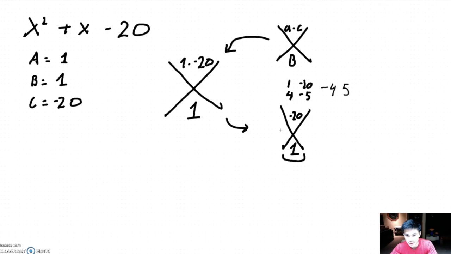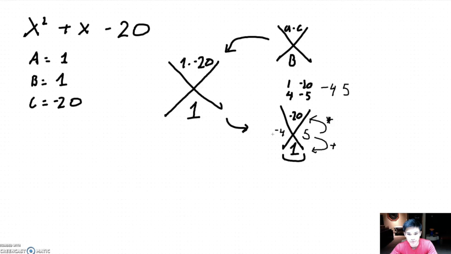Now it works, because negative 4 times 5 is negative 20, so going up that direction it multiplies to negative 20. But when you add them, you get 1. That's when you know you have found your factors.